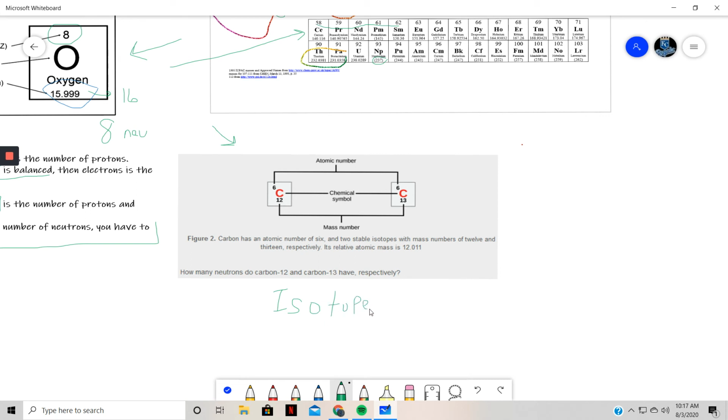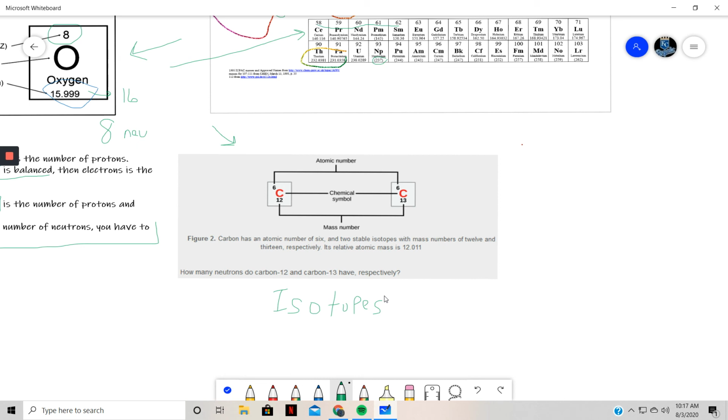The word isotopes simply refers to the fact that the neutrons of an atom can vary. Once it's constructed, it can't change, but in its construction, the number of neutrons placed within the nucleus can vary.